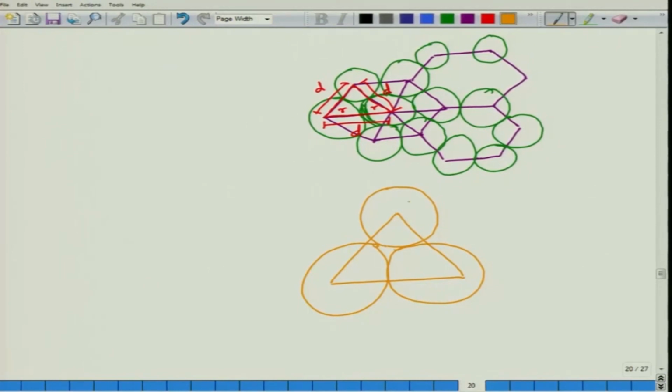Now, if we look at this portion, the angle subtended here is 60 degrees, because it is the angle of an equilateral triangle. If you take a ray and make it go all around, it becomes 360 degrees.